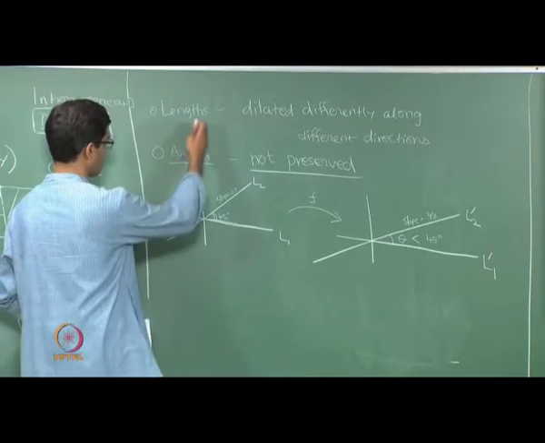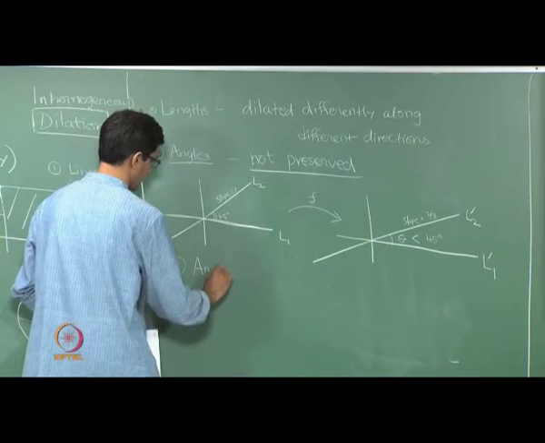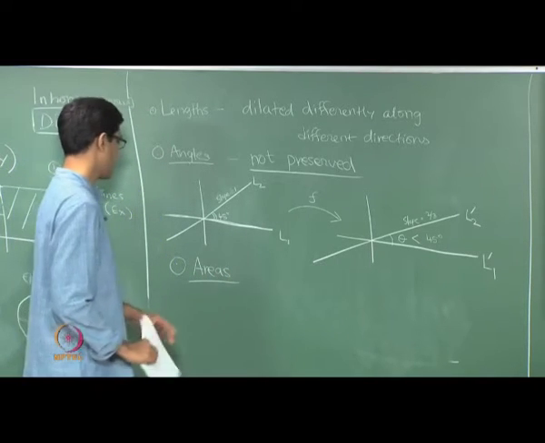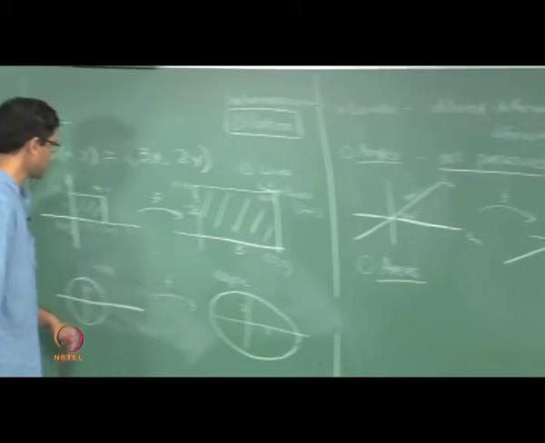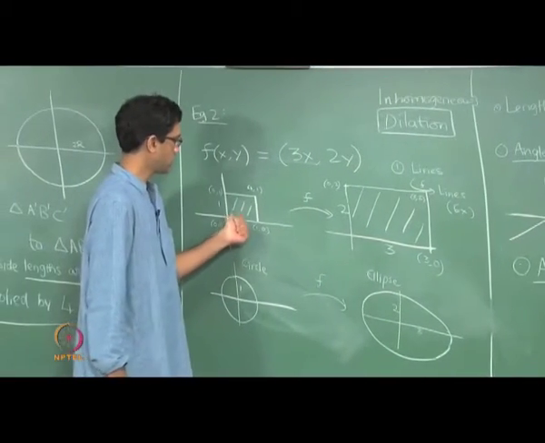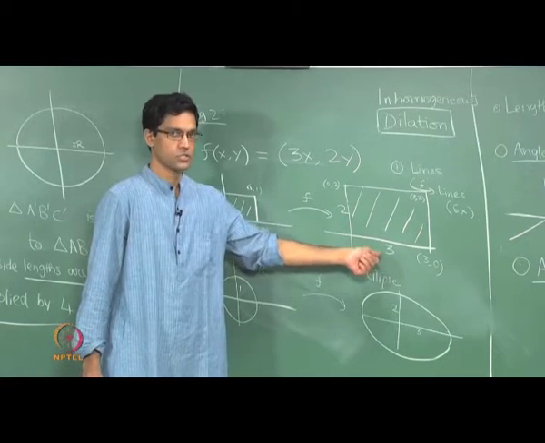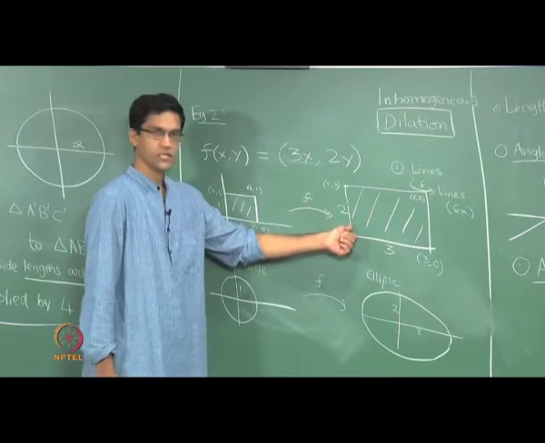And of course, we talked about lengths, angles, and so what about areas? Okay, so let us just look at the two examples of figures which get transformed under this map. One, we said, we take a square of side 1, it becomes a rectangle of sides 3 and 2. So the area here is 1, whereas there it is 6.